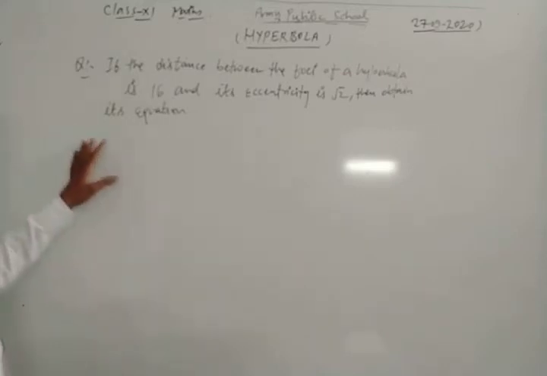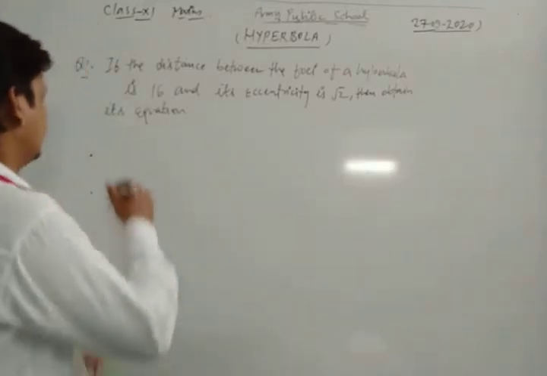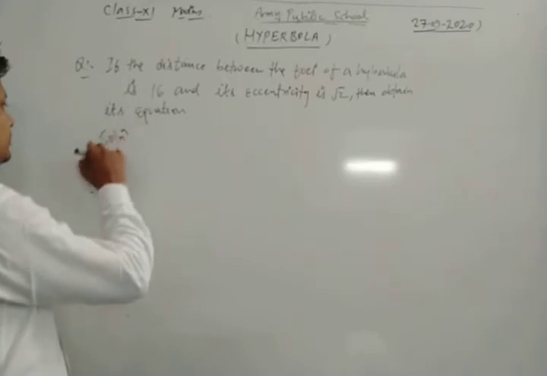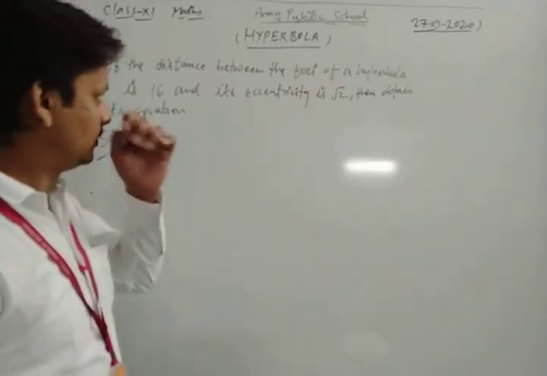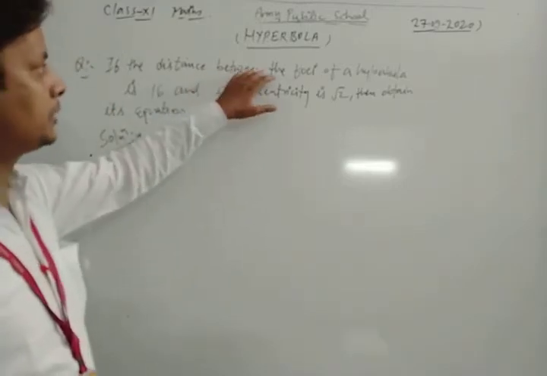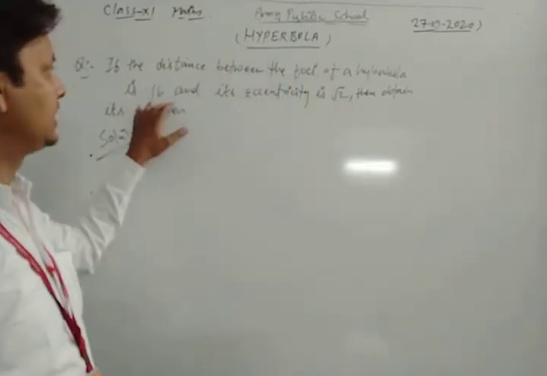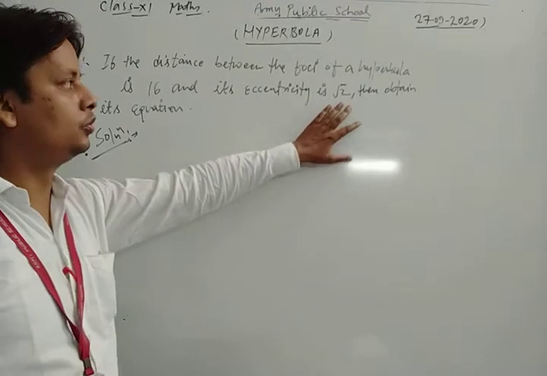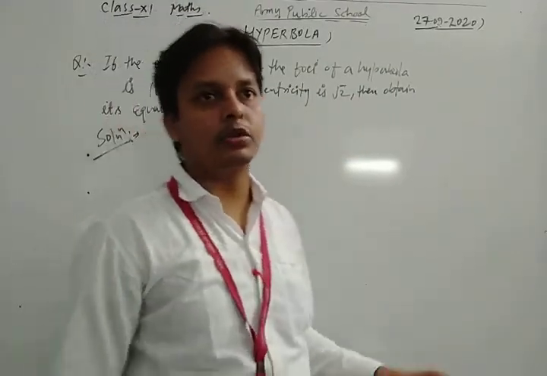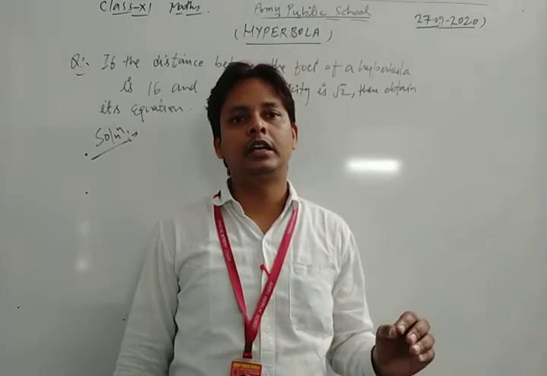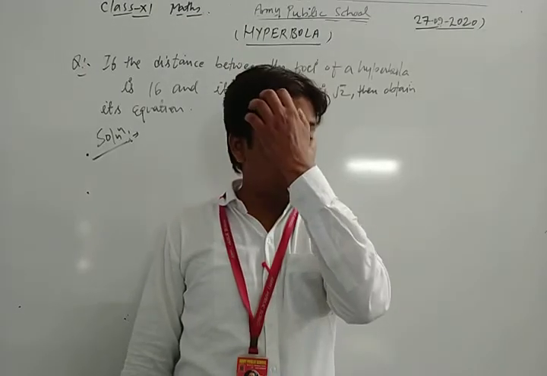Now look here, what do I get? Let's see its solution. Dear friends, here if the distance between the foci of the hyperbola is 16 and its eccentricity is square root 2, then obtain the equation. For finding the equation of the hyperbola, first we find the value of a and then we find the value of b.